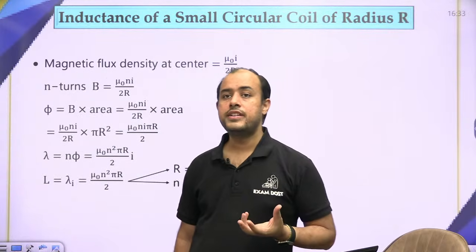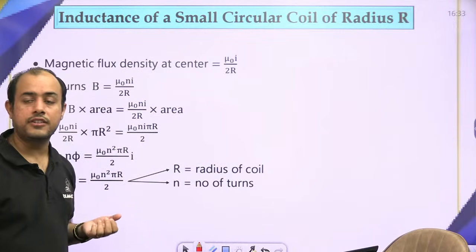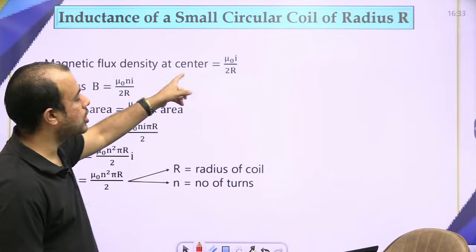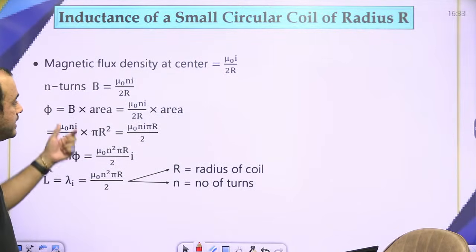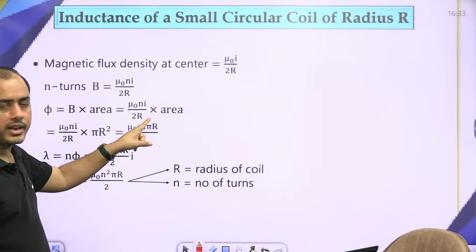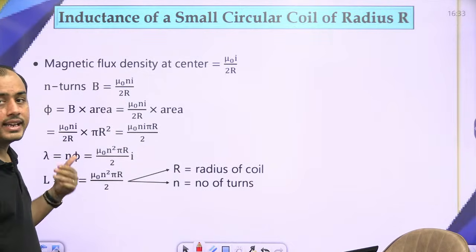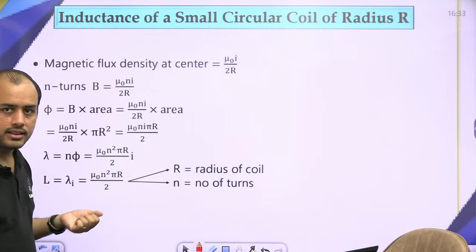So whenever we talk about a small coil of radius r, what is the flux density at the center? Mu naught I by 2r. ठीक है? And when there are n turns, तो mu naught ni by 2r. So flux is B into area. Flux linkage is number of turns into phi.